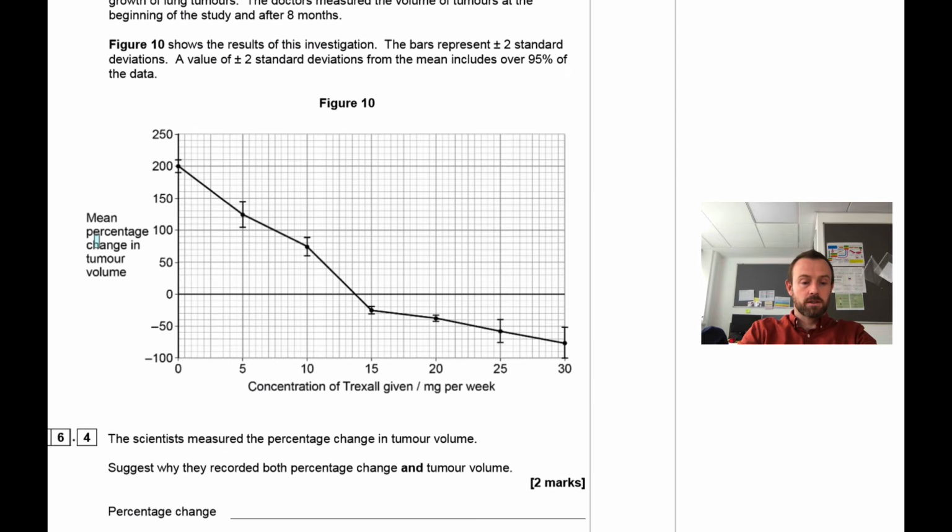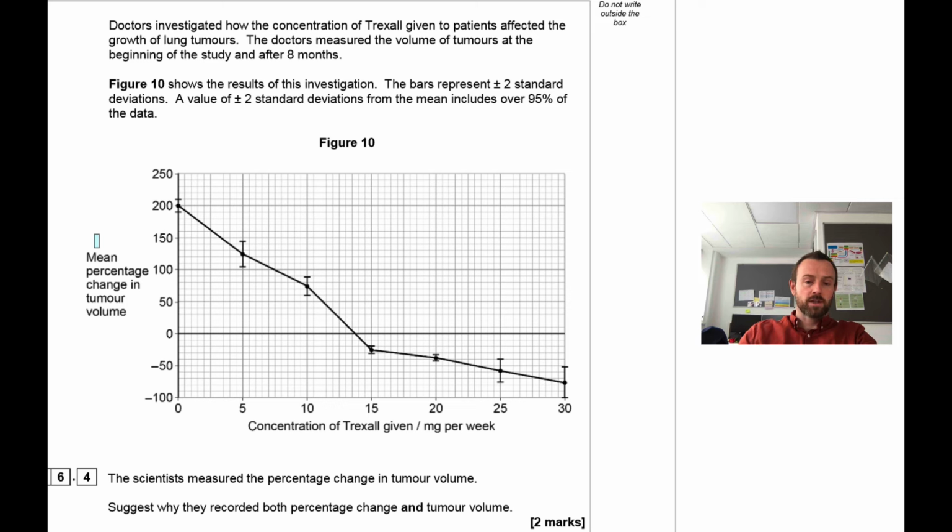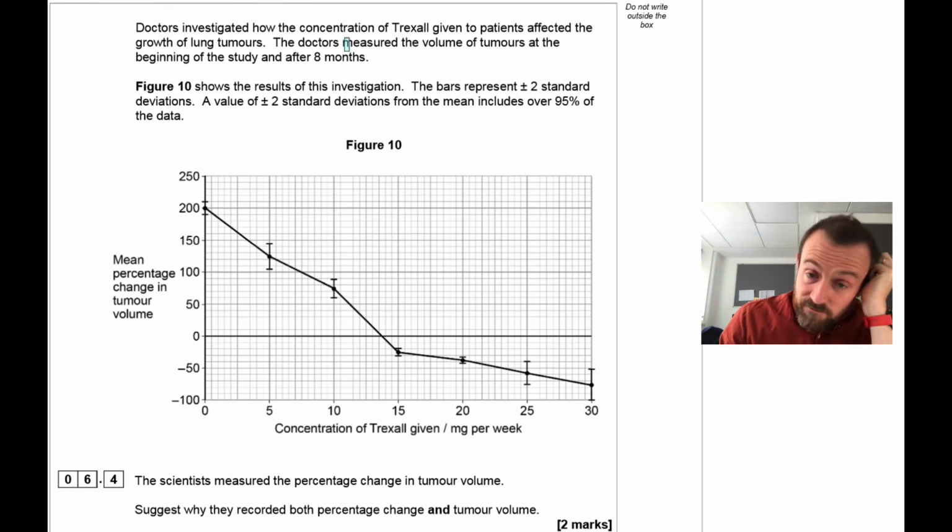Question 6.3. Well, no, we still have more data. Doctors investigated how the concentration of Trexol given to patients affected the growth of lung tumours. The doctors measured the volume of tumours at the beginning of the study and after 8 months. Okay, so a change over an 8-month period.